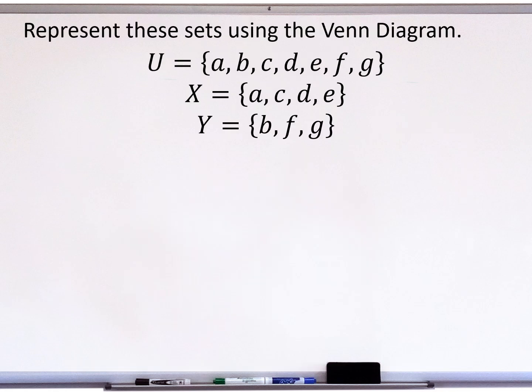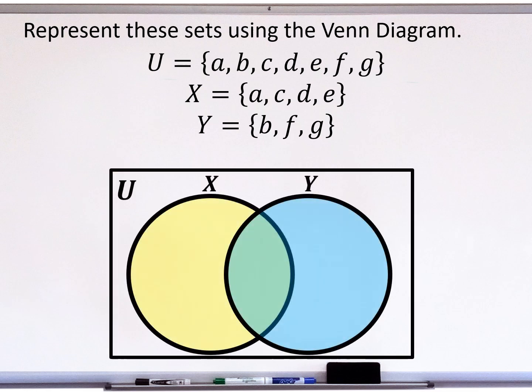So what if you're given another problem and you're asked to represent the given sets in the Venn diagram? So again, make sure that you're going to identify common elements between the two sets X and Y. So if they don't have any common elements, therefore, we are only going to write the given letters in the yellow region and in the blue region. So therefore, it can be represented as this one.